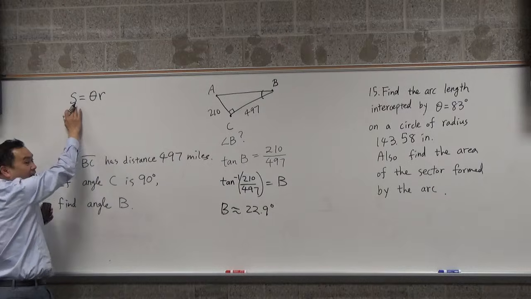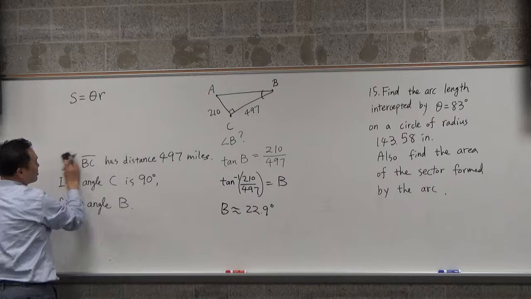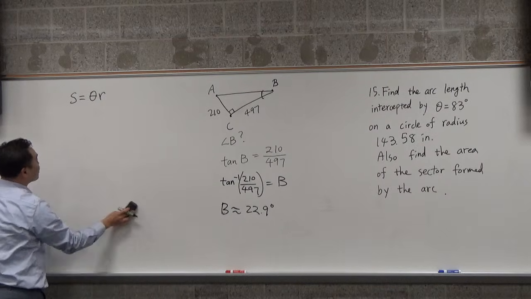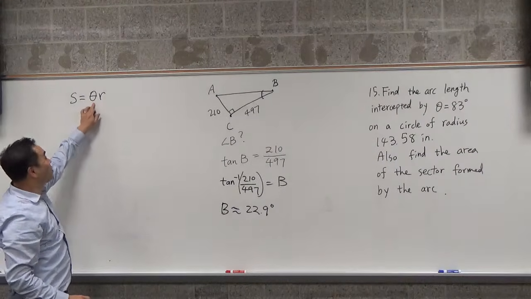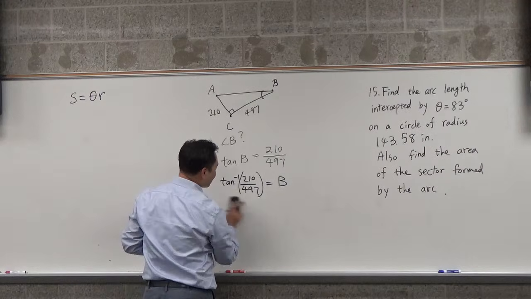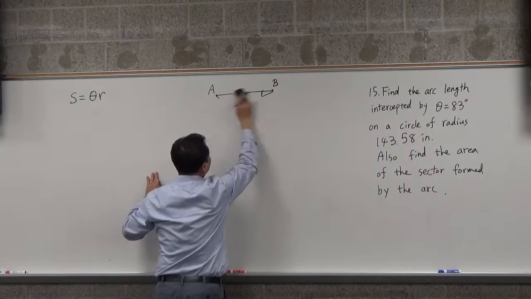It's really S, the arc length, equals theta times R. But, you know, assuming that you don't know Greek characters and you just read this like an O, you can read this as the SOAR formula. It's just a fun and easy way of remembering that formula, okay?